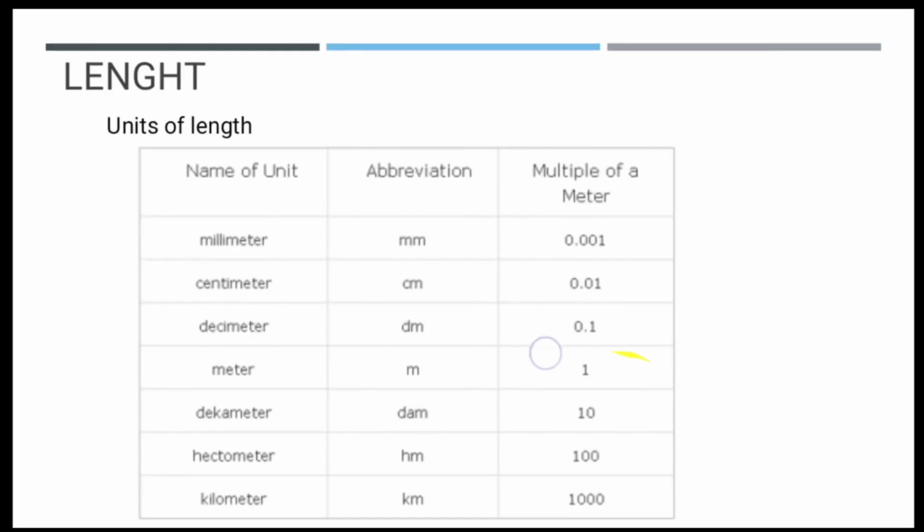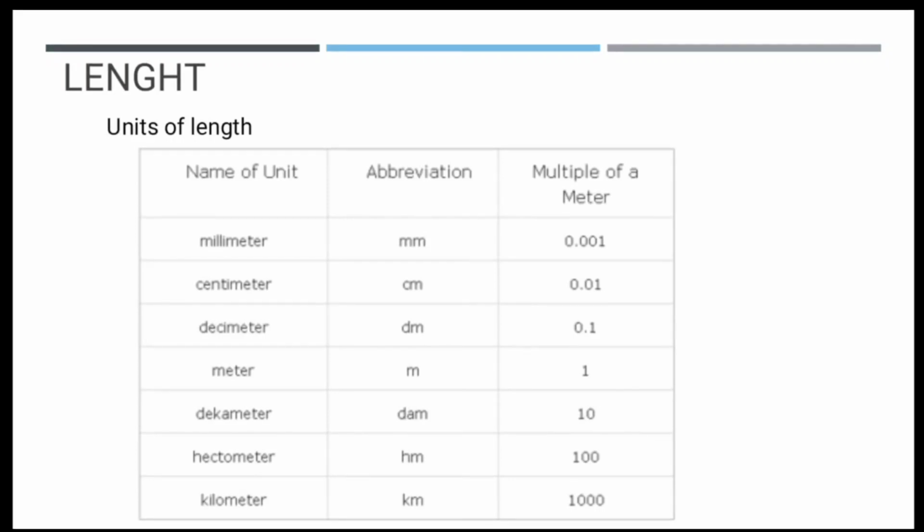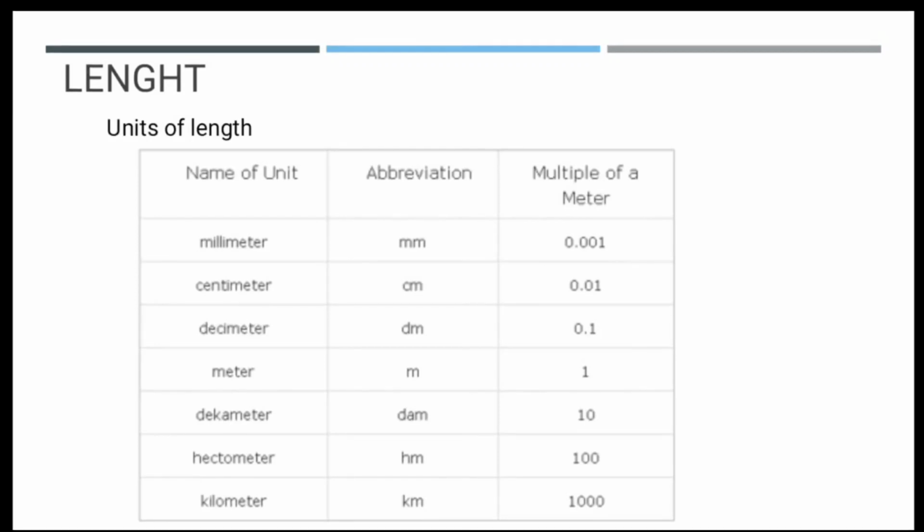So 1 meter is equal to 10 decameter. Then same process for hectometer, we'll move 2 times to the right. So 1 meter is equal to 100 hectometer. Then 1 meter is equal to 1,000 kilometers, since we will move to the right 3 times.